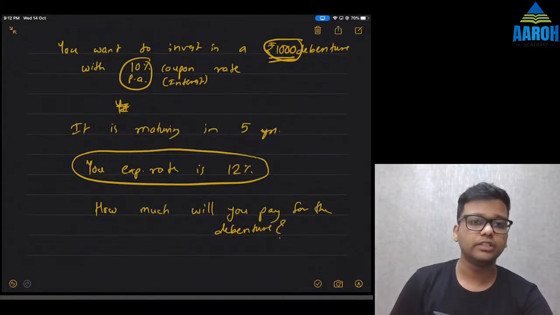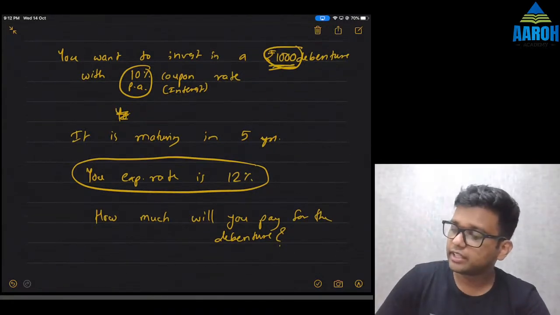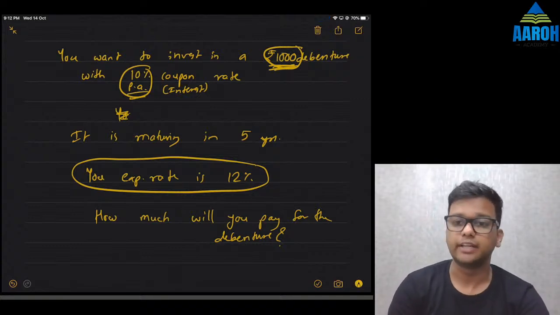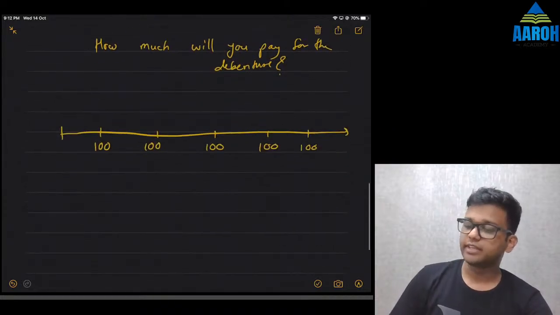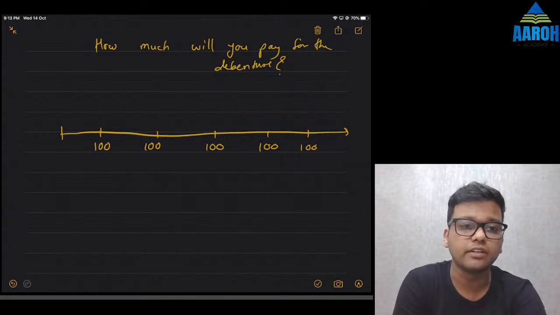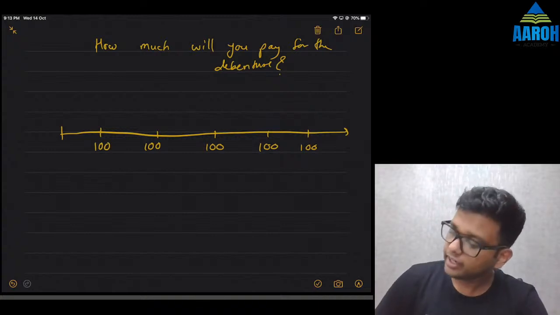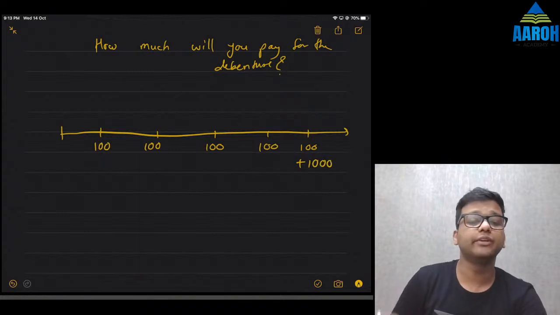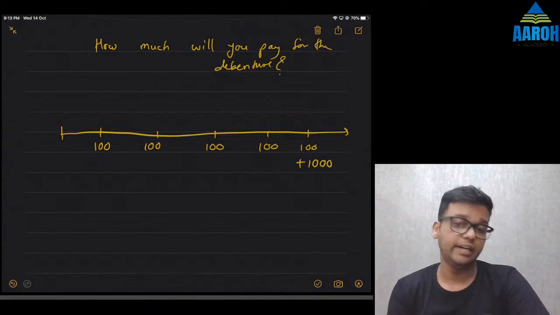Fine. So my point was, this debenture is of 1000 rupees, which is going to pay you 10% per annum coupon, right? That means for next 5 years it will pay you 100 every year, and at the end of 5th year the company will also repay your 1000 rupees, because that is like your principal which you gave them, right?